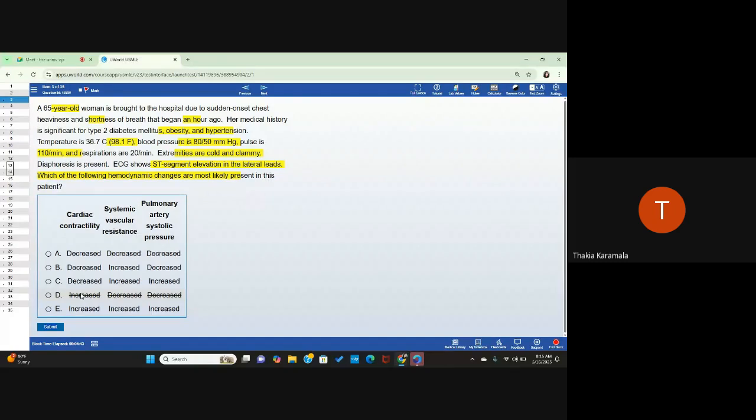Cardiac contractility will decrease, and to restore the blood pressure, the systemic vascular resistance would appear to increase.